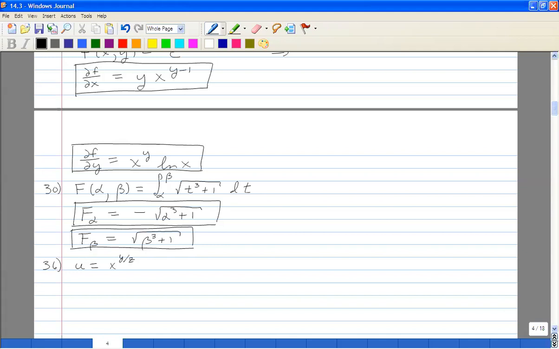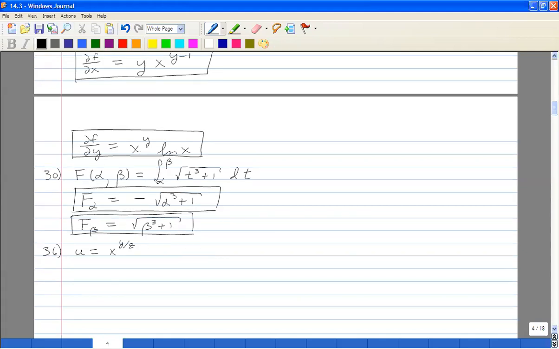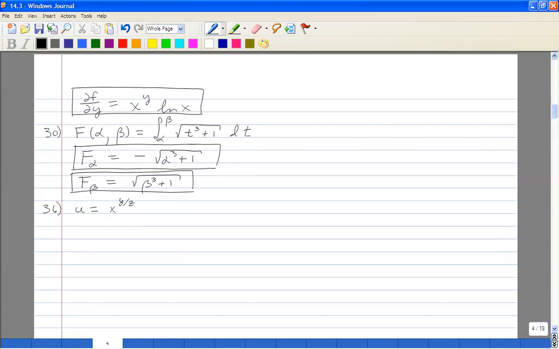Let's take the partials. So the partial with respect to x, so it's x to a constant.